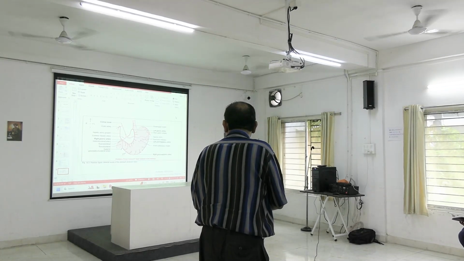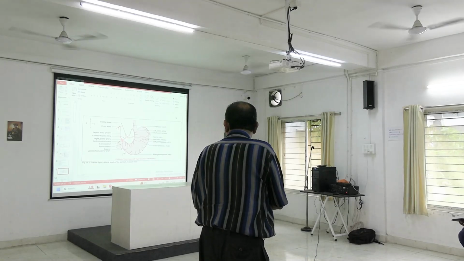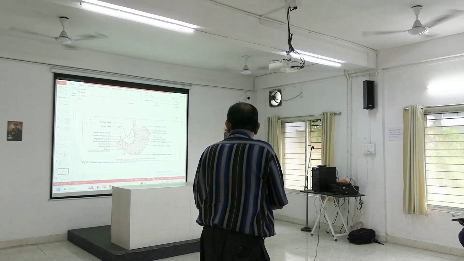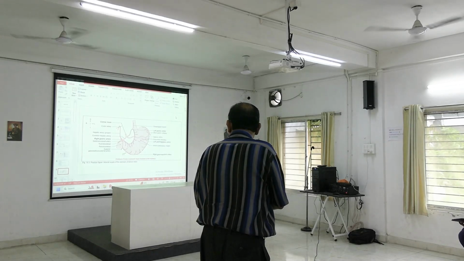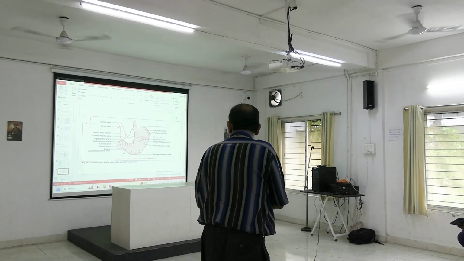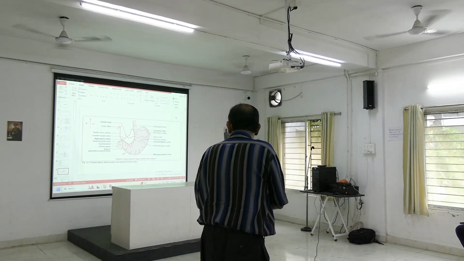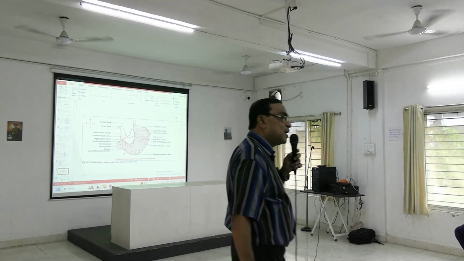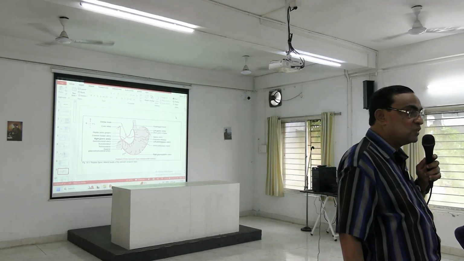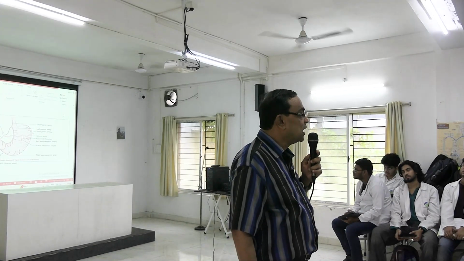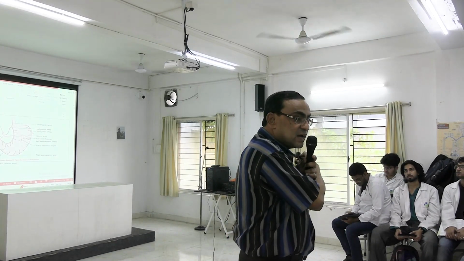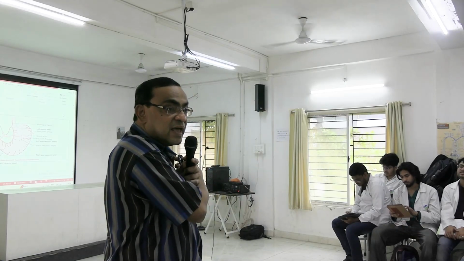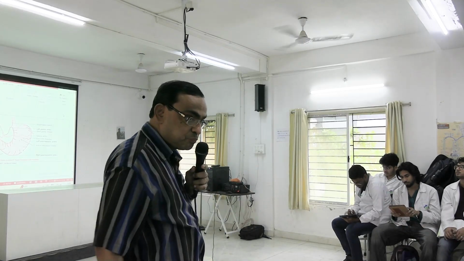Now this is the left gastric artery, and from the hepatic artery, either from the common hepatic artery or hepatic artery proper, we can get another branch that will move along the lesser curvature and anastomoses with this left gastric artery. So this artery should be named the right gastric artery. So there is an anastomosis between the right gastric artery and the left gastric artery at the lesser curvature of the stomach.